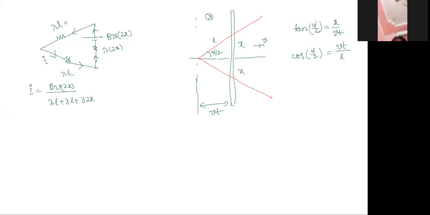The rod does not have any resistance, but the remaining conductors have. So this one is the initial position of the rod.